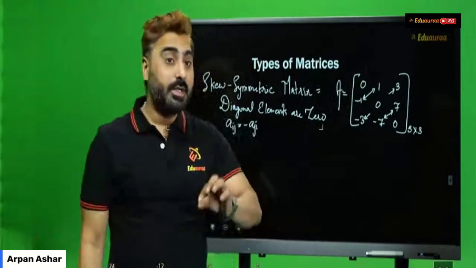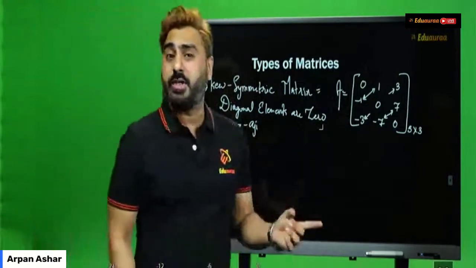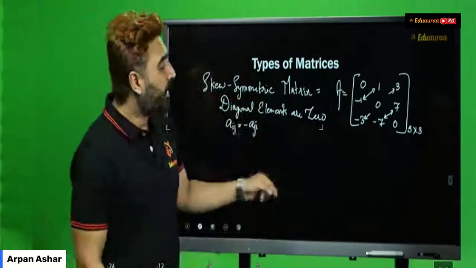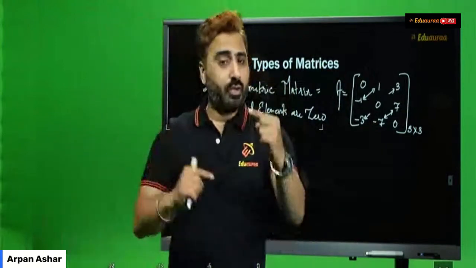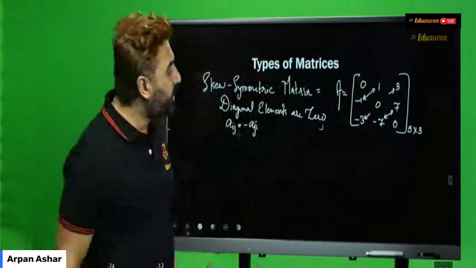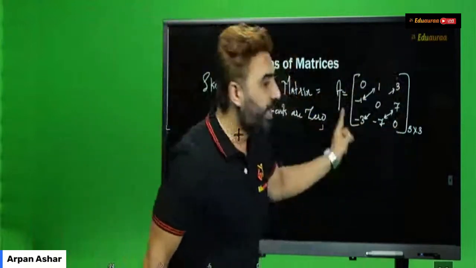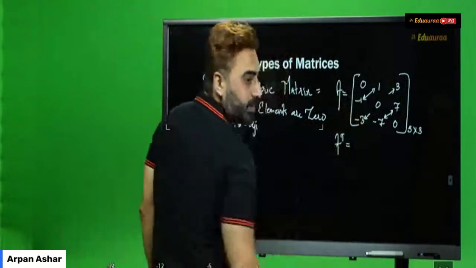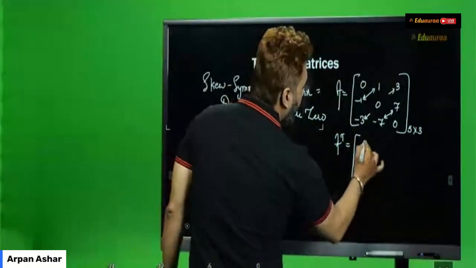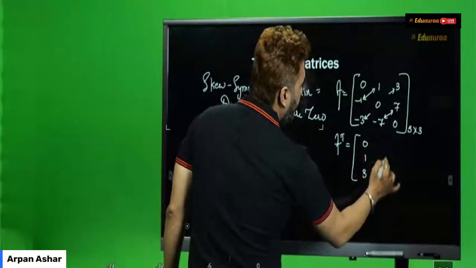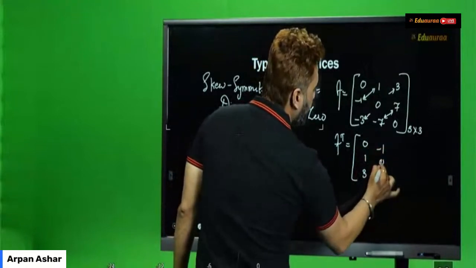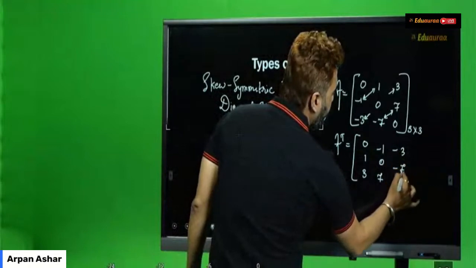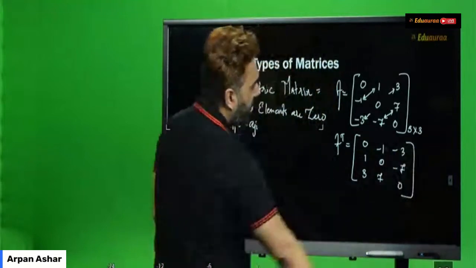And one more condition. What condition, students? There is something called the transpose. What is transpose? Interchanging of rows and columns, that is R1 to C1, R2 to C2, R3 to C3. So when we change this, the transpose becomes 0, 1, 3, -1, 0, 7, -3, -7, 0.